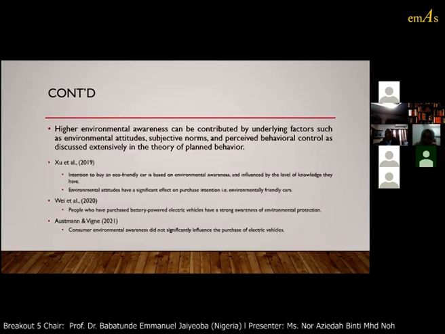For this particular researcher, they said that consumer environmental awareness did not significantly influence the purchase of electric vehicles. This is due to financial constraint. As we know, green products emit less emissions, but the cost of production itself is quite high.